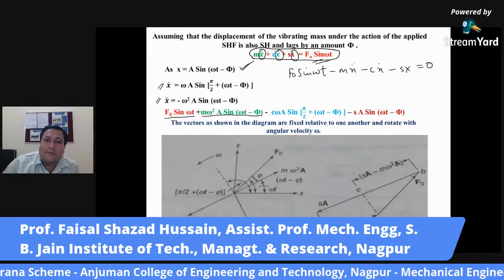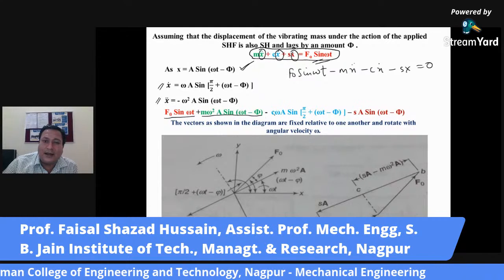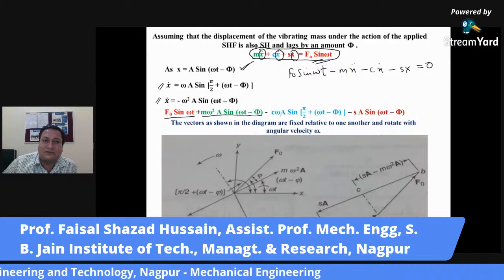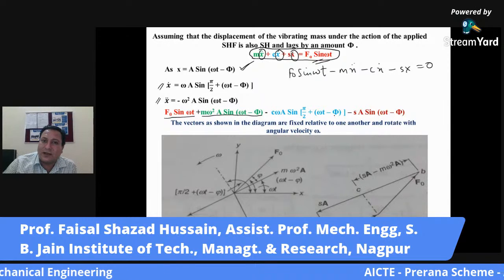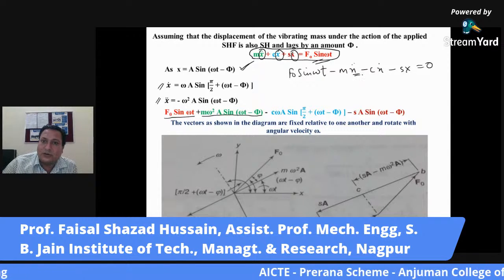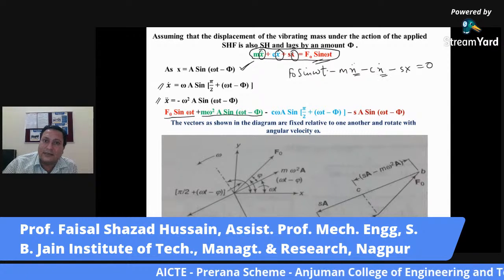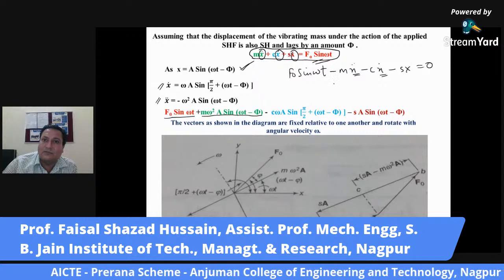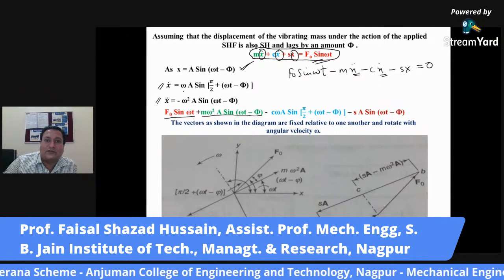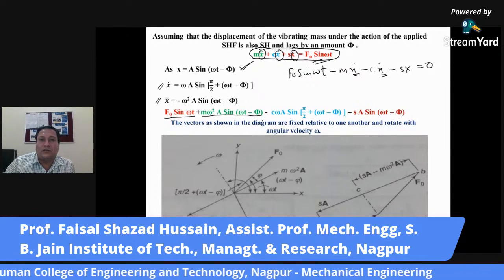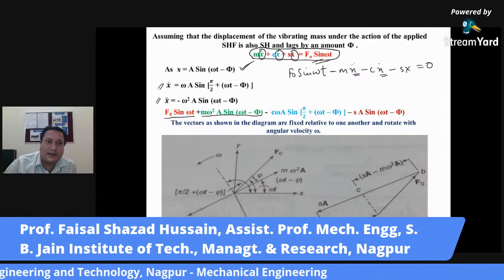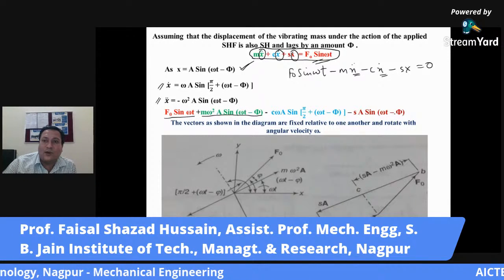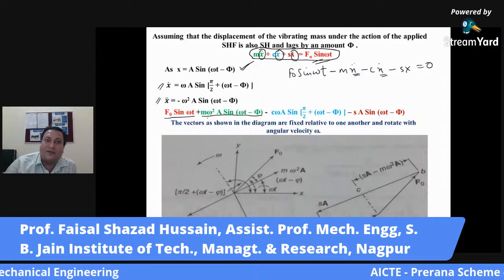Similarly, the damping force c x dot will be minus c, and instead of x dot we have substituted omega A sine pi by 2 plus omega t minus phi. And then the last one is your restoring force s into x, so instead of x I have written A sine omega t minus phi. So this is my equation.